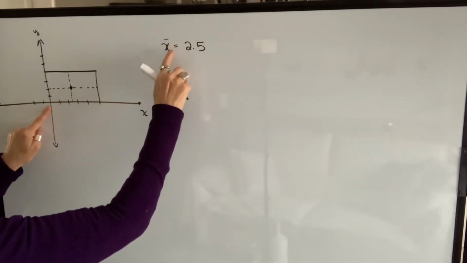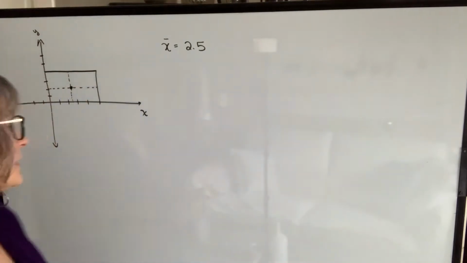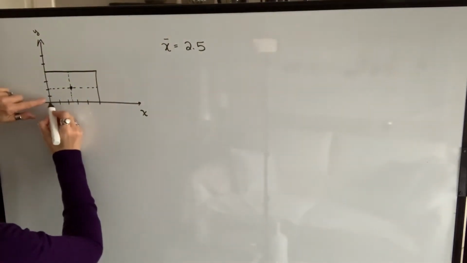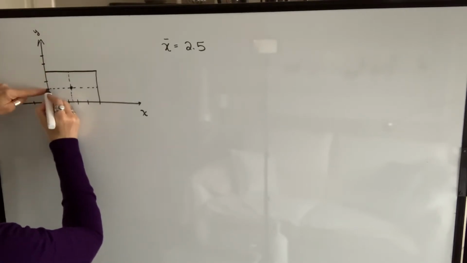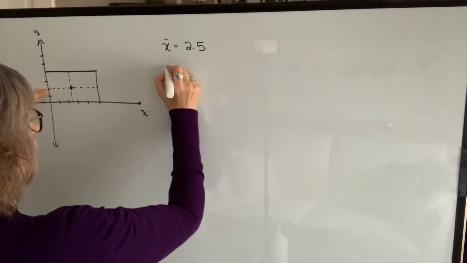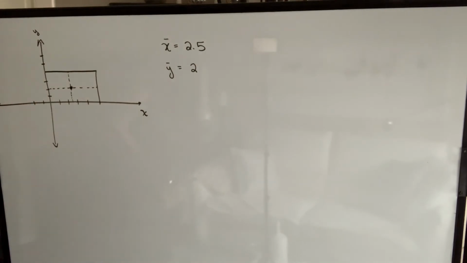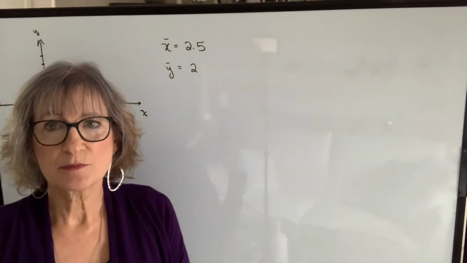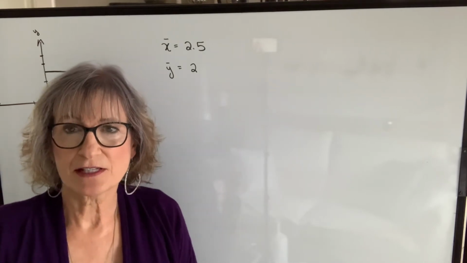We use this symbol to represent the x-coordinate of the centroid. Similarly, the width of the rectangle is 4 units, so halfway between 0 and 4 is 2, so the y-coordinate of the centroid would be 2.